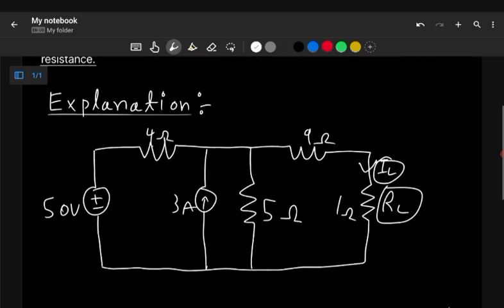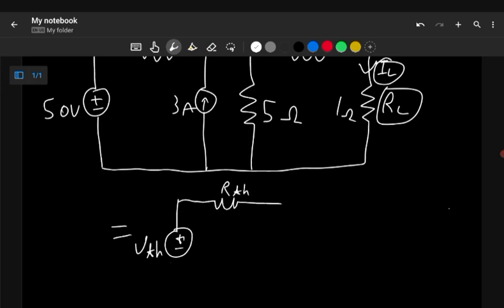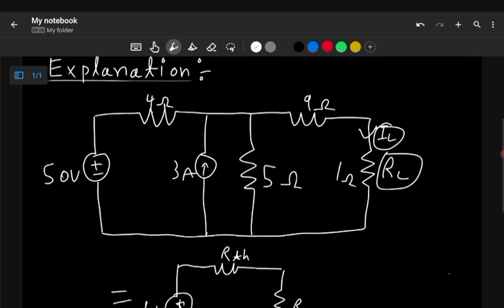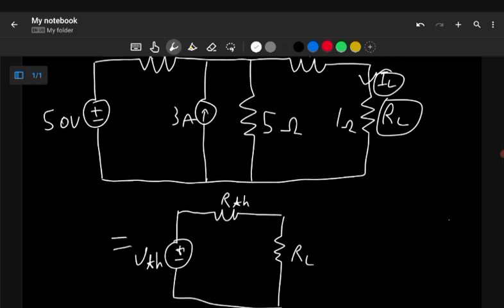So according to the statement, we can redraw the circuit diagram like so, where we have a voltage called VTH, which is Thevenin's voltage, in series with a resistance called RTH, which is Thevenin's resistance, which is in series with our RL. If we can simplify this big circuit into this simple circuit, it'll be much easier to find IL.